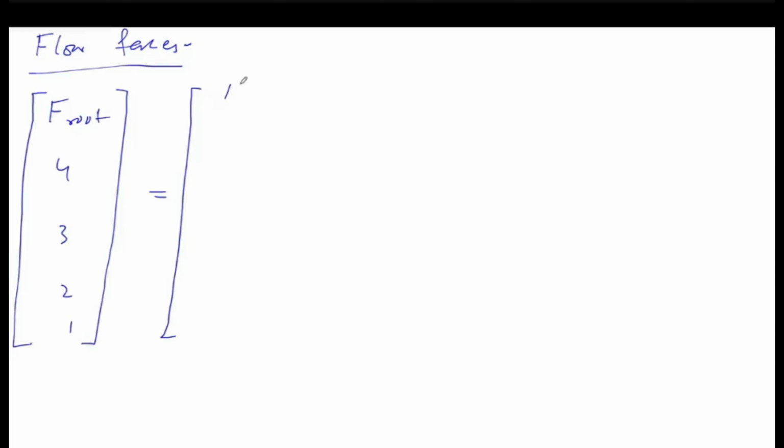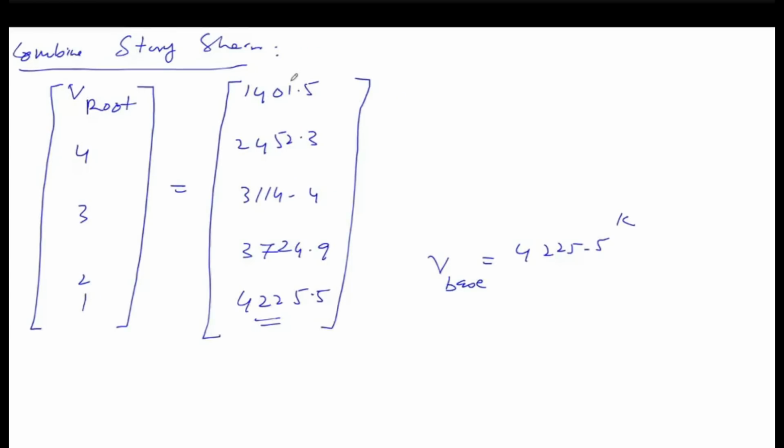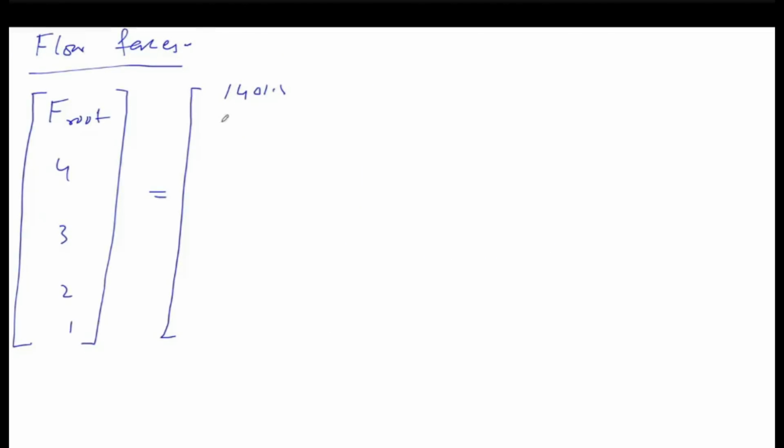So F roof will be equal to the base shear, which is 1401.5, exactly like the last value here. Okay. The next value will be obtained by subtracting this from this. Okay. So like 2452.3 minus 1401.5. Okay.